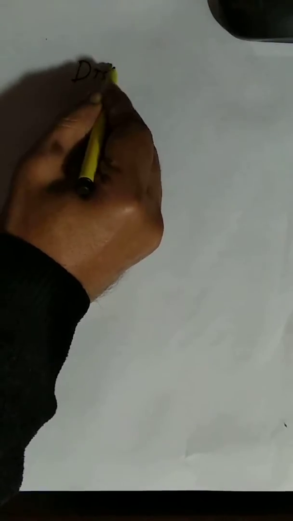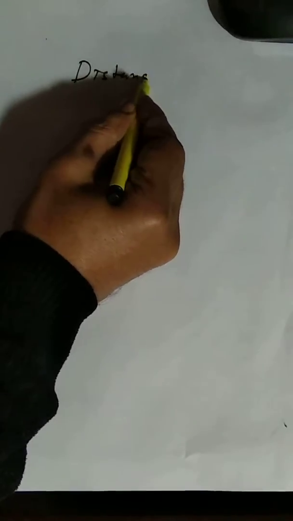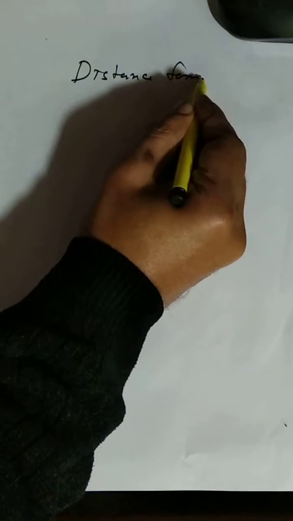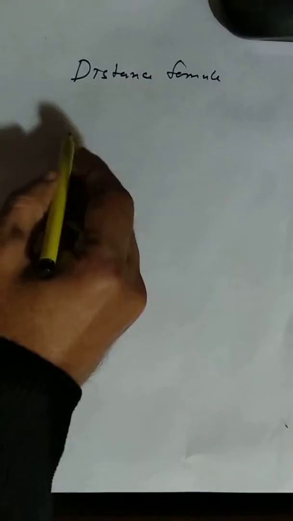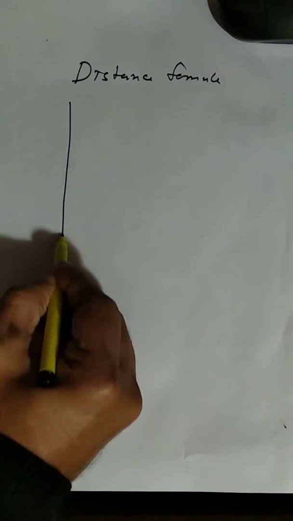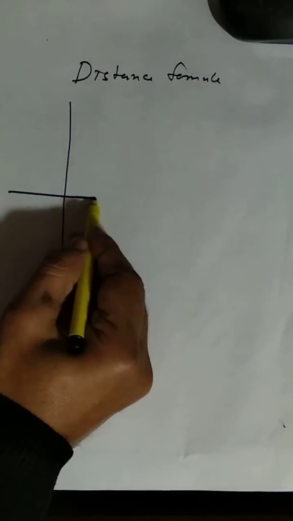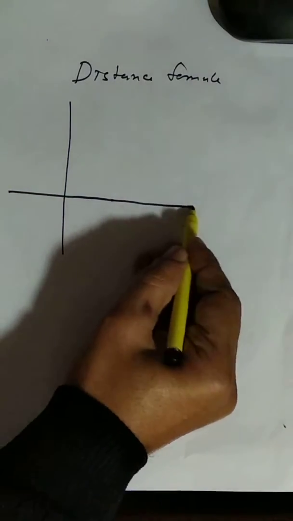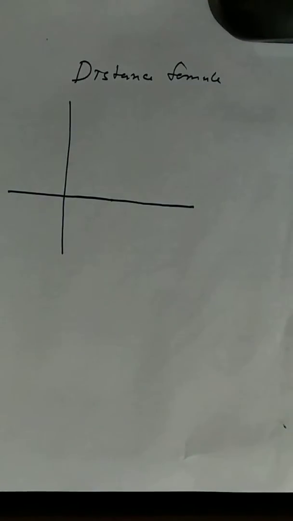The first one that you will be using is the distance formula. Any point on the Cartesian plane can be represented by using the coordinate system.